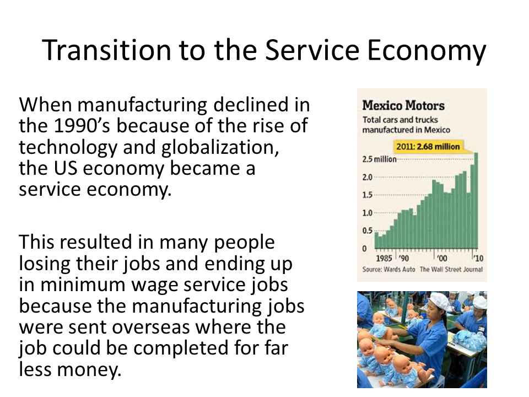So during the 90s, what you saw was automotive manufacturing going down to Mexico. And again, what you see here is that in 1985, we had less than 500,000 cars made in Mexico. By 2010, 2011, we're looking at almost 3 million cars being made in Mexico.